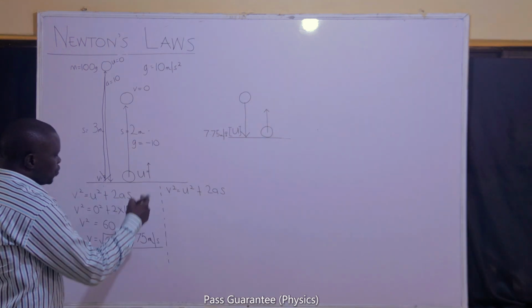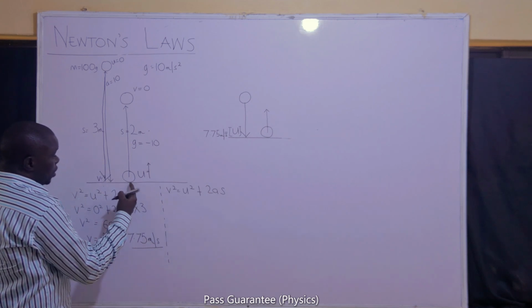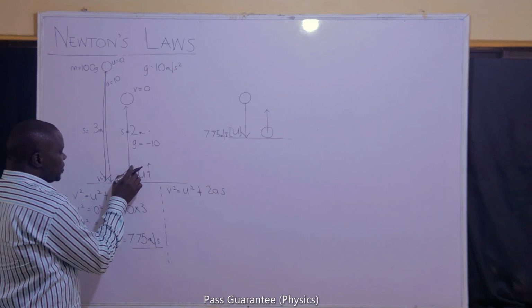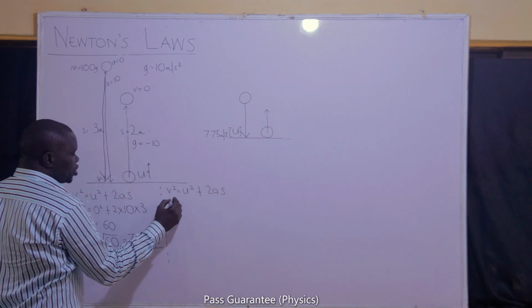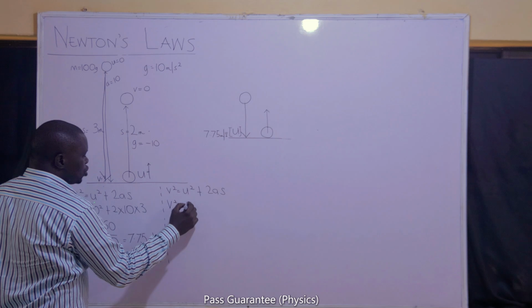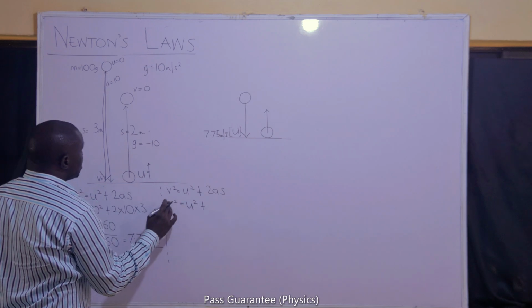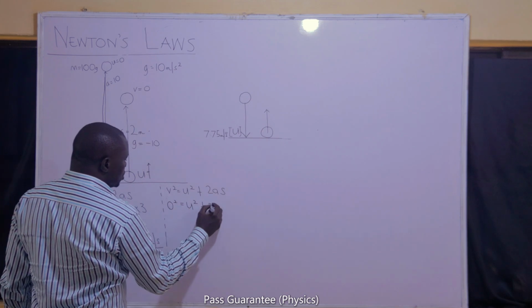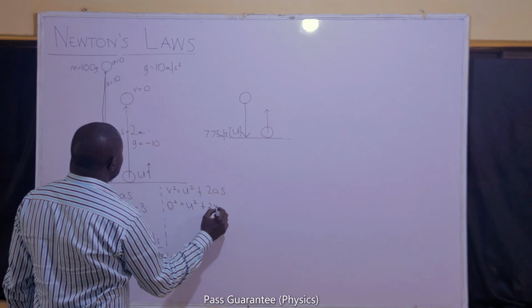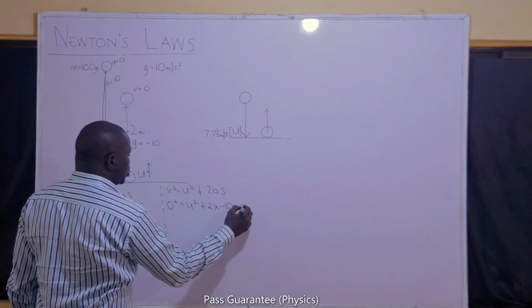Now we can continue to find the velocity just after impact as the initial velocity of the rebound. That will be v squared is equal to u squared plus 2 times a, which is -10, multiplied by s, which is 2.